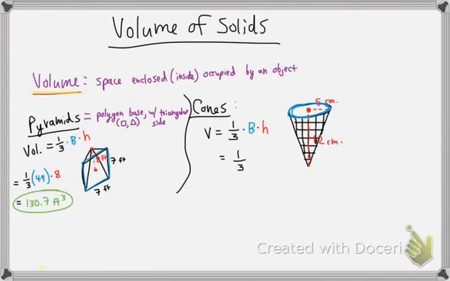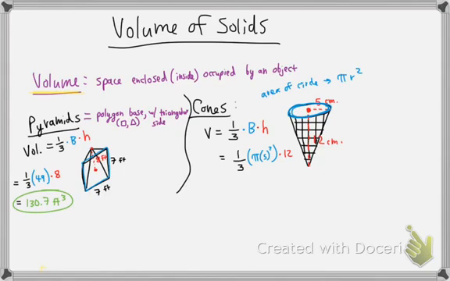What's the area of a circle? Well, I'm hoping we remember it's pi r squared. So for the area of my base, I'm going to write pi, my radius is 5 squared, times my height of 12.